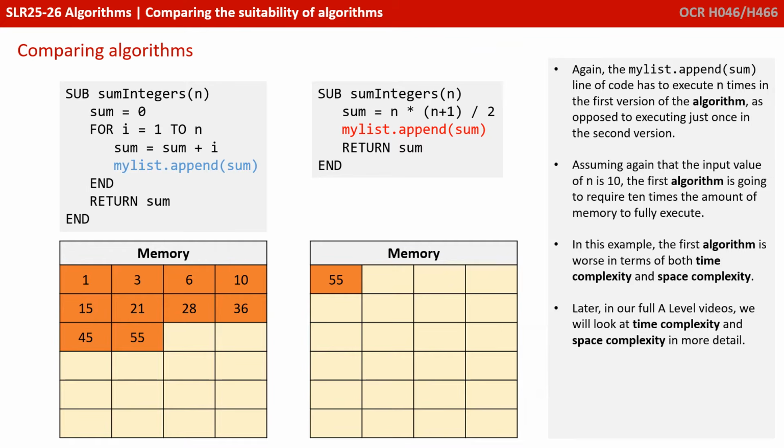Assuming again that the input value of n is 10, the first algorithm is going to require 10 times the amount of memory to fully execute. In this example, the first algorithm is worse in terms of both its time complexity and its space complexity. Later in our full A Level videos, we will look at time complexity and space complexity in more detail.